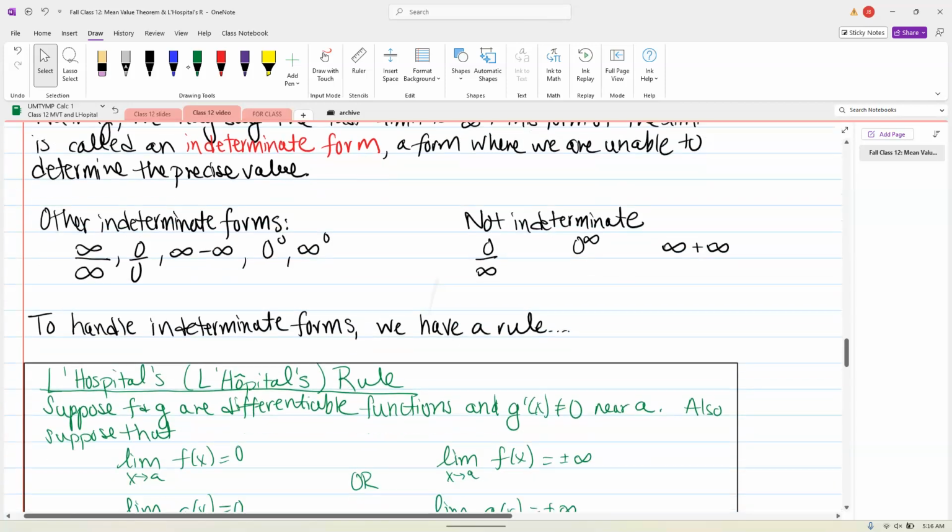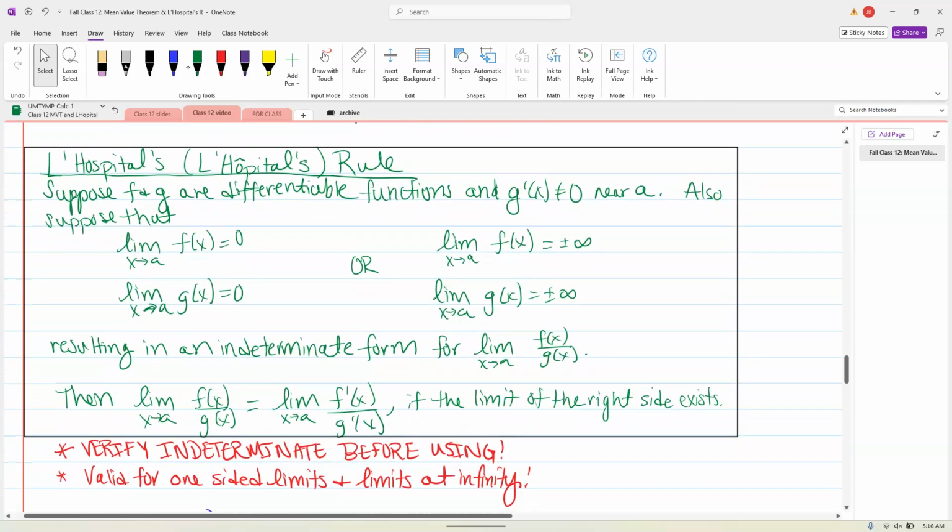So to handle these things, we have a rule. It's called L'Hopital's rule. It looks intense, but it's actually quite nice in practice. Okay, so we have to have two differentiable functions, and then we also have to have that g prime is not 0 near our limiting value a, okay? And we also have to have that either f and g have limits of 0, or they both have limits of infinity, okay? You can't necessarily mix them.